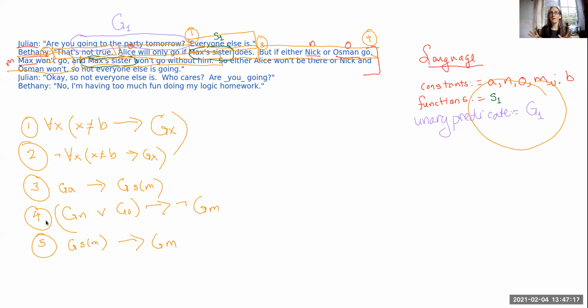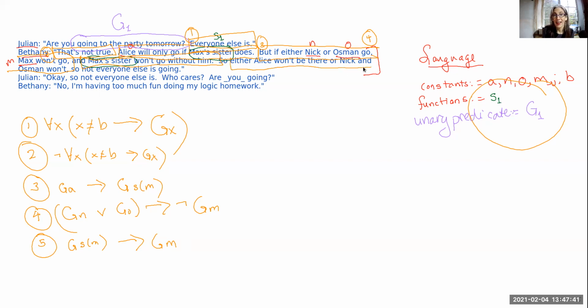Now, you might even be thinking back to your propositional reasoning and be like, oh, look, we've got a conditional here. GA implies GSM. GSM implies GM. Well, if Alice goes, then Max goes. You can already start seeing how all of propositional logic still feeds into the predicate language that we're talking about. But we still have more sentences.